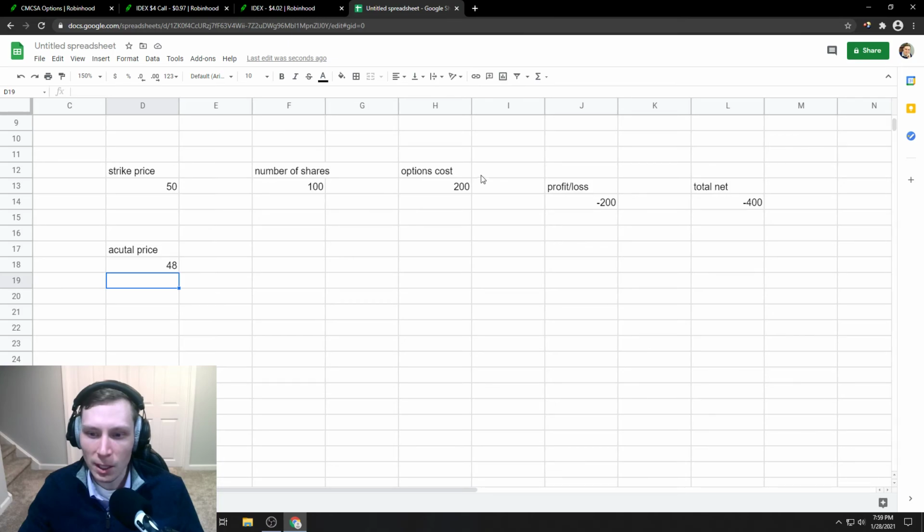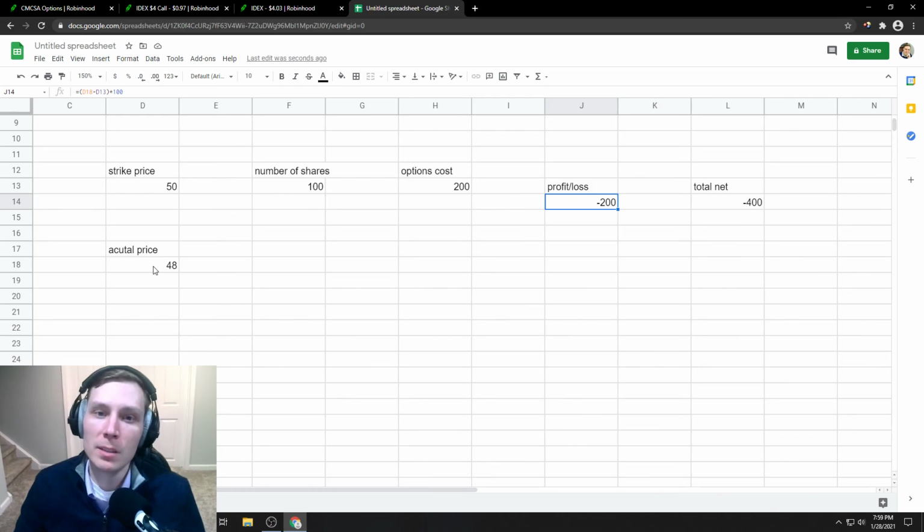But then you have another 200 that you're losing because of how much the option cost in the first place. So not only do you have to pay for the contract, but you also have to pay for your 200 that you're down if you sell it. But either way, you're going to have to pay for that. So that's where, if you're wrong on options, you can lose a good chunk of money.